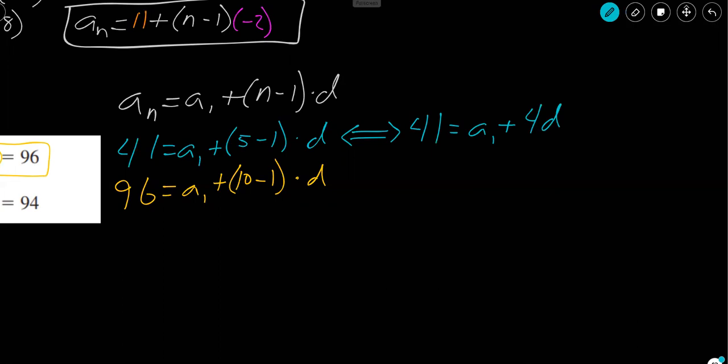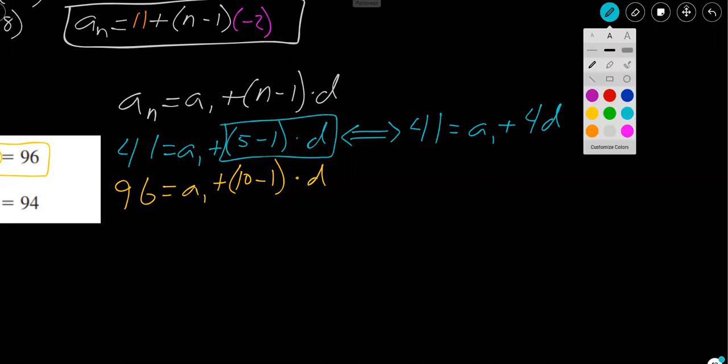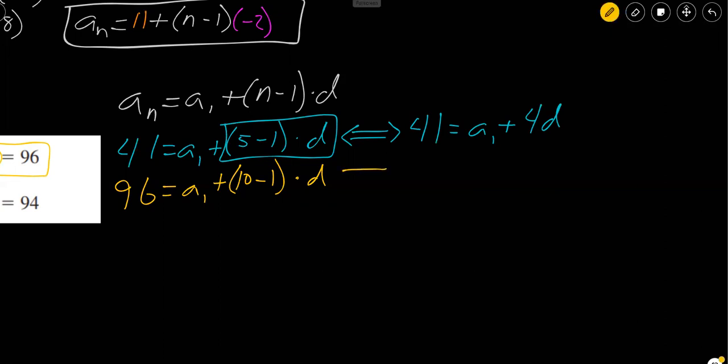So all I did was really do some quick order of operations on this end part of the equation. 5 minus 1 gave me 4, 4 times d is just 4d. So same idea on the yellow equation, just to clean it up a little bit, I've got 96 equals A1, 10 minus 1 is 9, and then 9 times d will be 9d.